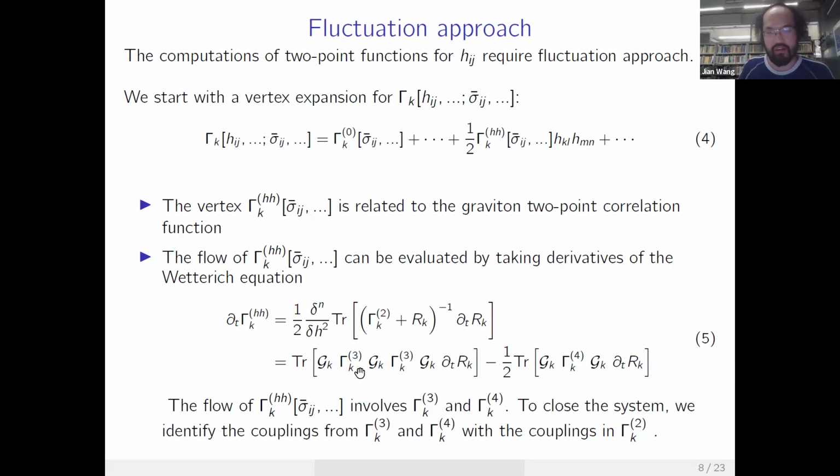In general, the couplings appearing in the three- and four-point functions are different from the ones in the two-point functions. In this talk, to close the system in the simplified computation, we just identify the coupling from the three- and four-point functions with the one from the two-point functions.